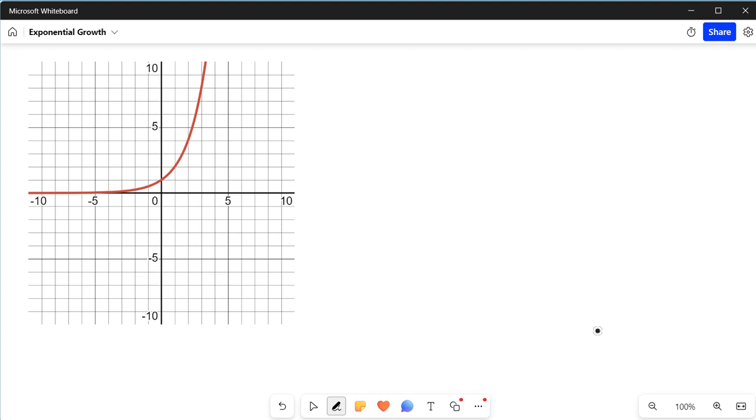And for the most part, an exponential growth function will look something like this, where you have f of x is equal to, let's say that you have some base a and you raise it to the power x. Now usually, this a is going to be somewhere between 0.